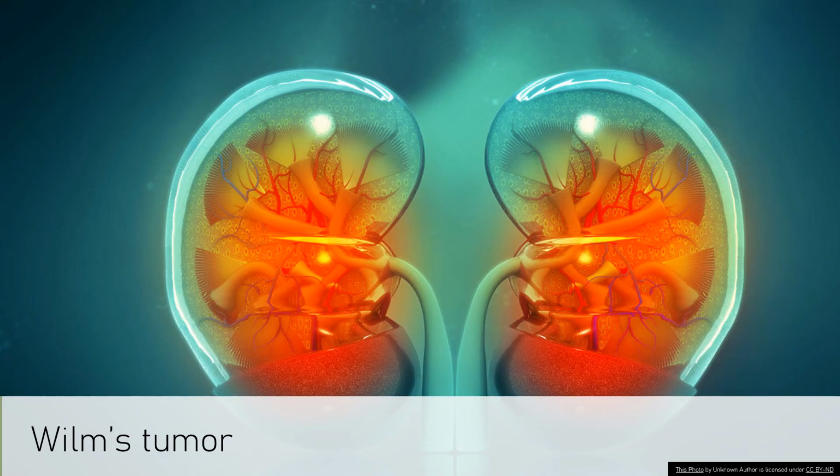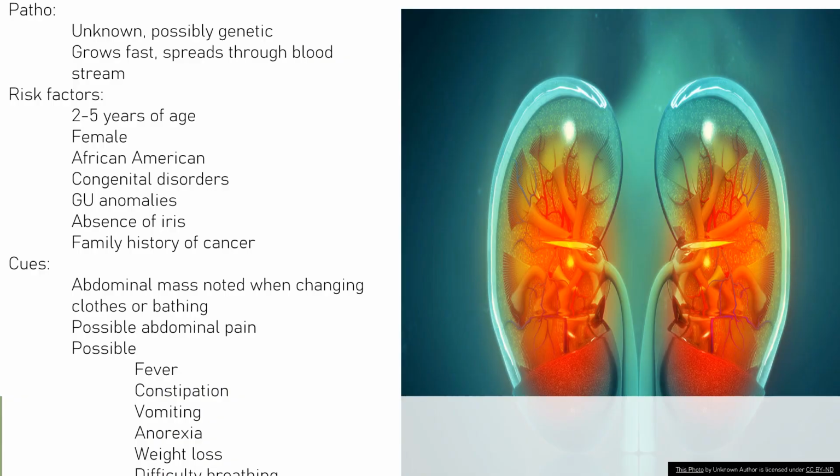All right, Wilms tumors. A Wilms tumor is the most common renal tumor, and it's the second most common abdominal tumor in children. It doesn't really have a known etiology, but they do see it occurring with some genetic factors.